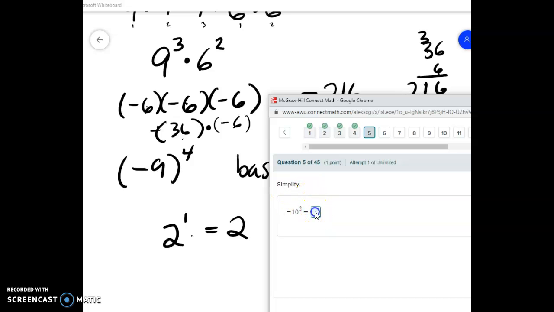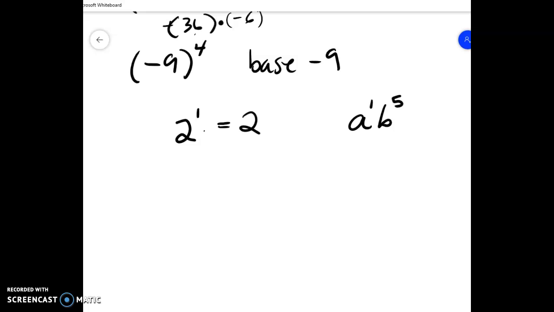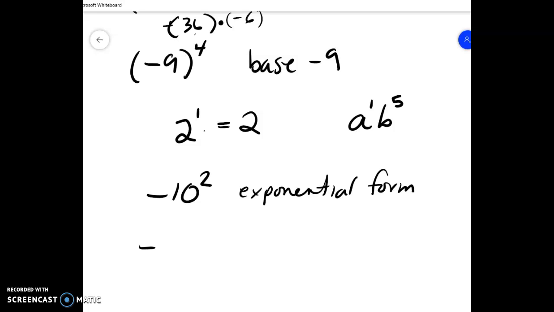This one now says simplify. So remember my steps. I told you that this is exponent form or exponential form. This is repeated multiplication or factored form.